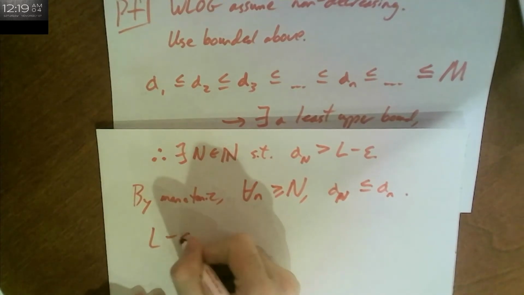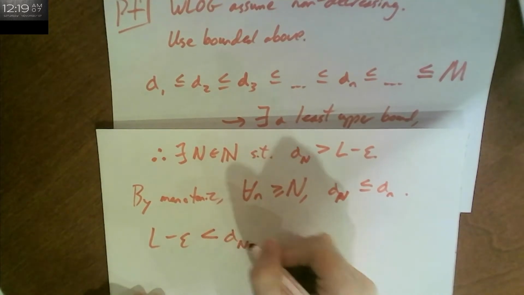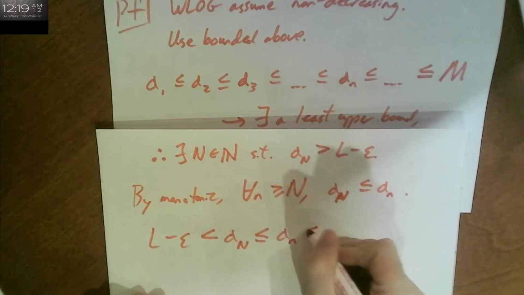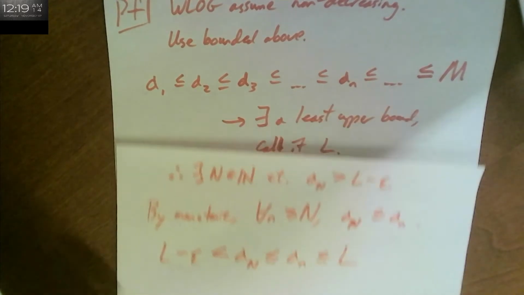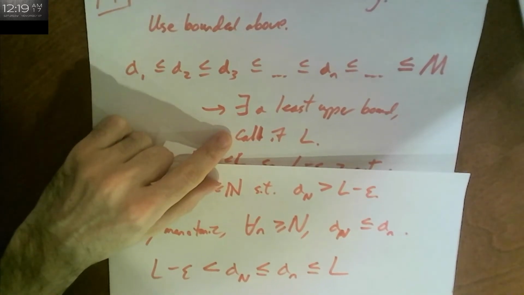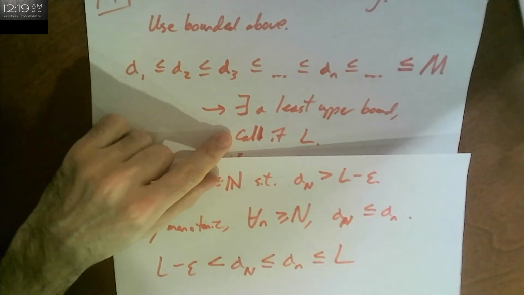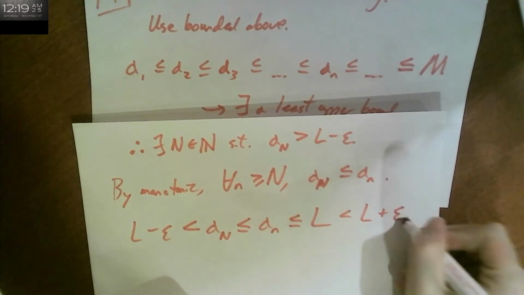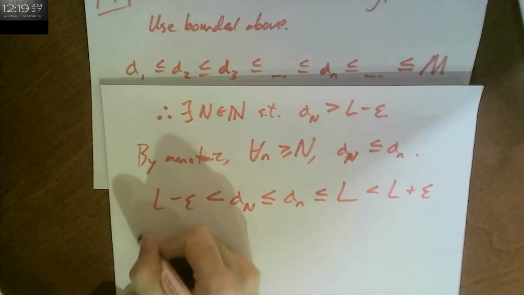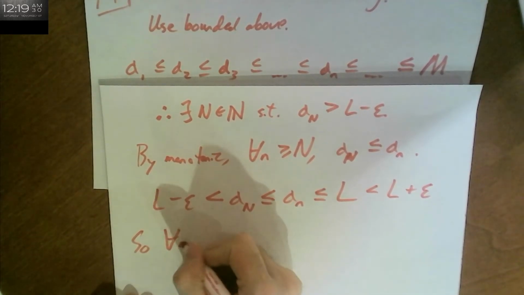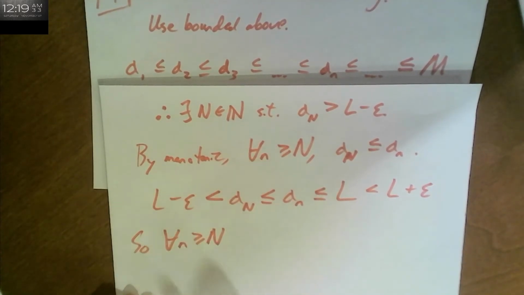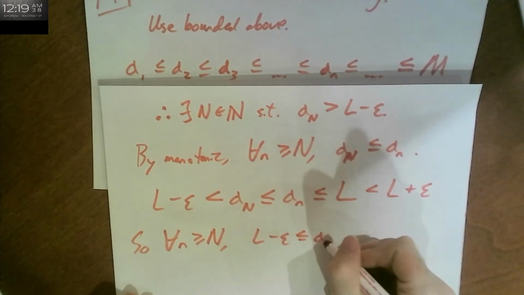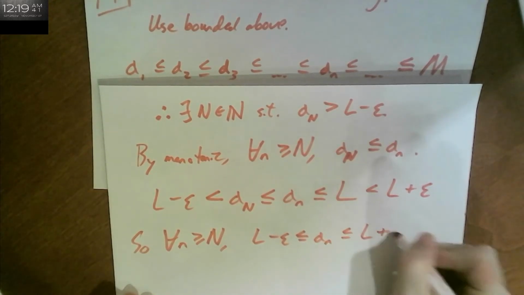We know that L minus epsilon is less than A sub capital N, which is less than or equal to A sub little n, which is less than or equal to L, because L is an upper bound. So every term, no matter what, is less than or equal to L. And L itself is less than L plus a little bit. So for all little n at least as big as capital N, L minus epsilon is less than or equal to A sub little n is less than or equal to L plus epsilon.